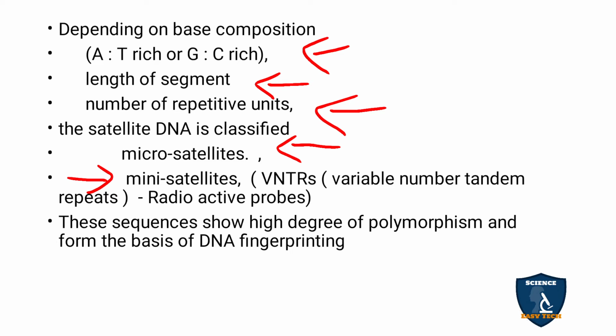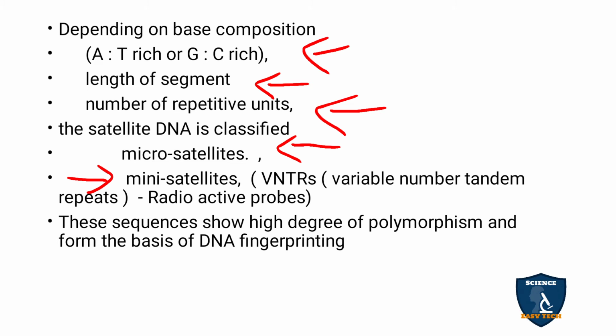This DNA is used as a radioactive probe, which is going to separate the DNA and form the complementary DNA also. The minisatellite is formed from VNTRs, variable number tandem repeats, and it is used as a radioactive probe.